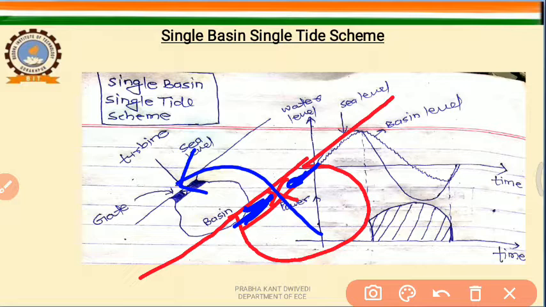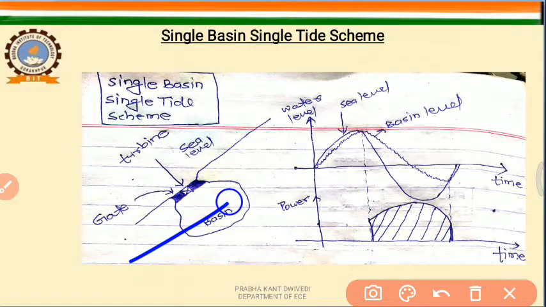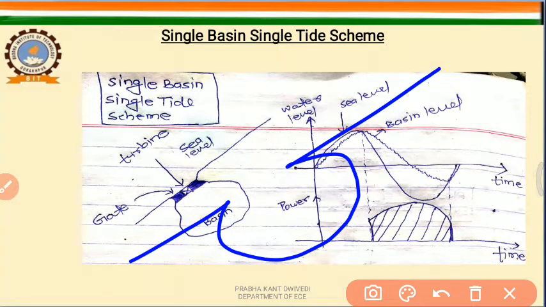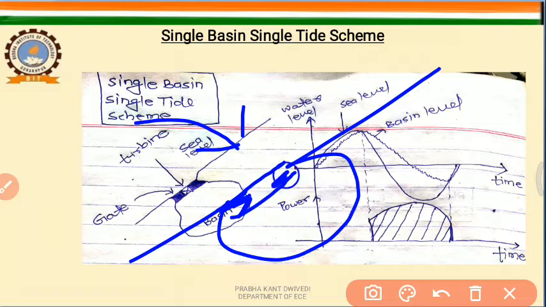When this basin becomes empty, we can utilize this water, and we can also do the opposite process when the basin fills up. We can rotate the turbine when water fills up. We will close the gate when water goes in, and this water will pass through the turbine and the turbine will rotate.